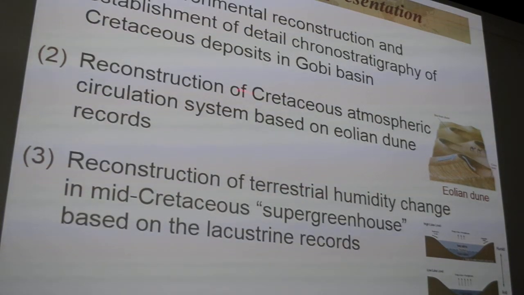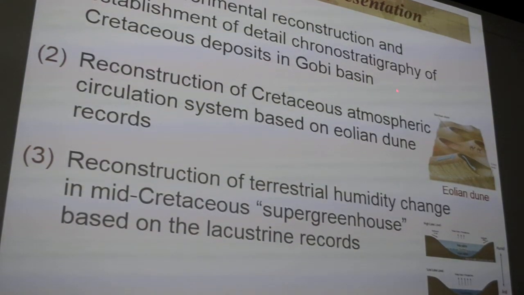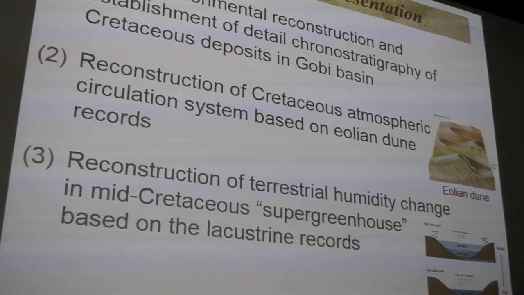Today, first, I will talk about the paleoenvironmental reconstruction and the establishment of detailed chronostratigraphy of Cretaceous deposits in Gobi Basin, so the age of the Cretaceous deposits. It is of course the first basic and most important thing for all climate research and also dinosaur evolution.